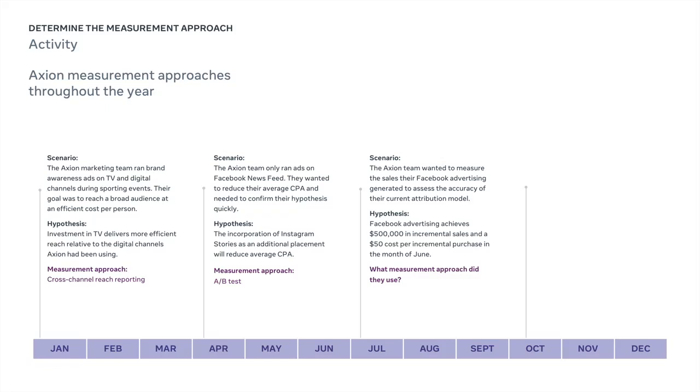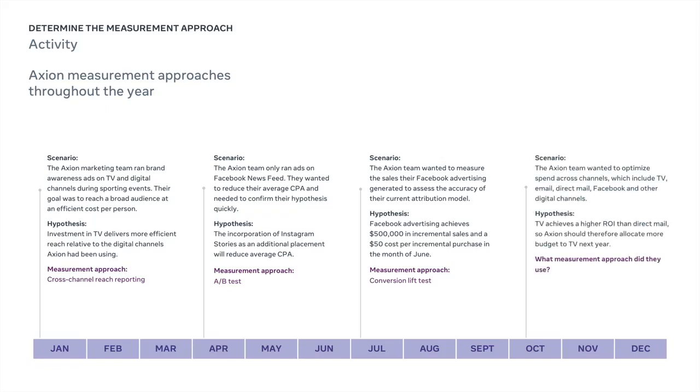Take a moment to consider the measurement approach that they used to test their hypothesis. If you thought conversion lift test, you're right. A conversion lift test to measure the causal impact of their Facebook advertising would be an effective approach.